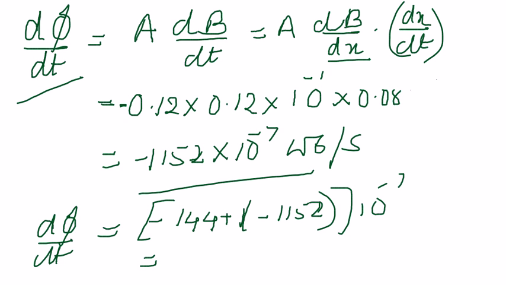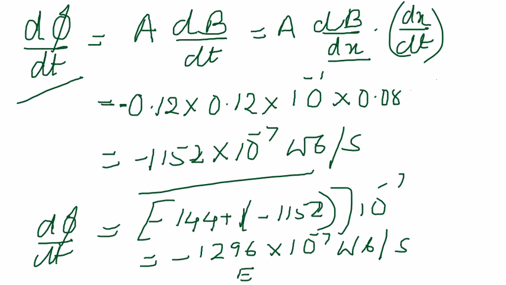So this becomes equal to minus 1296 into 10 to the power minus 7 Webers per second. So the induced EMF is equal to minus d phi dt, which is equal to 1296 into 10 to the power minus 7 volts.